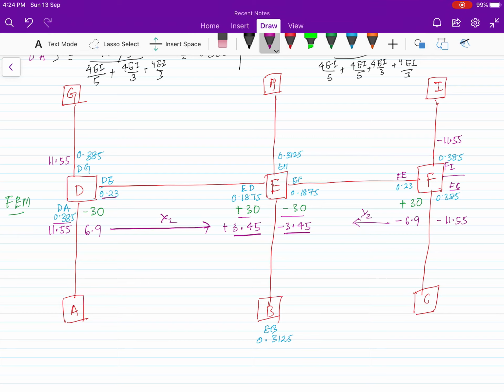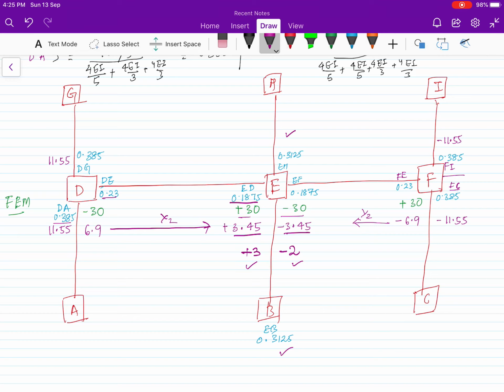Otherwise, if you see the unbalanced moment, if it would have been there, for example, if here it is plus 3 and here it is minus 2, so 3 minus 2 is 1. So 1 would have been multiplied with the factor 0.1875 to come at this point here, into 0.3125 to come here, and 0.3125 here, then again 0.1875 to come here.